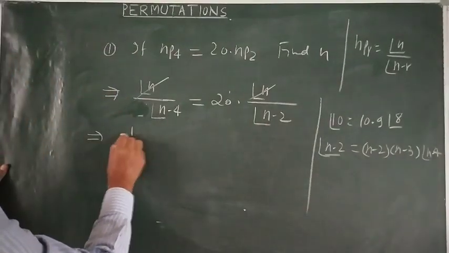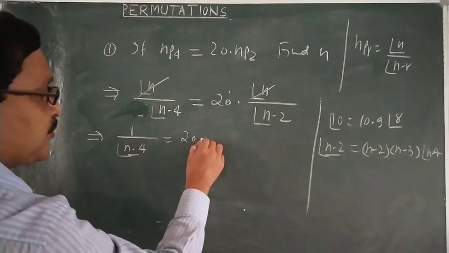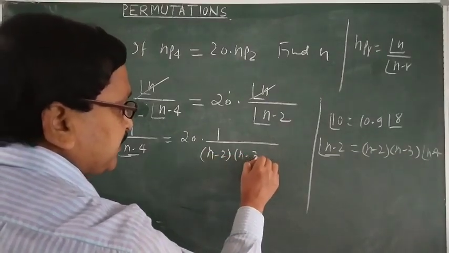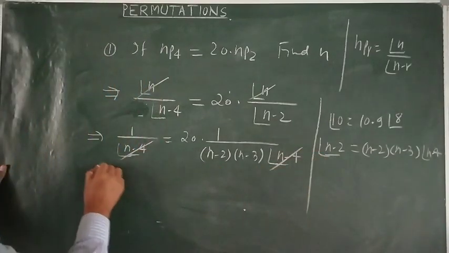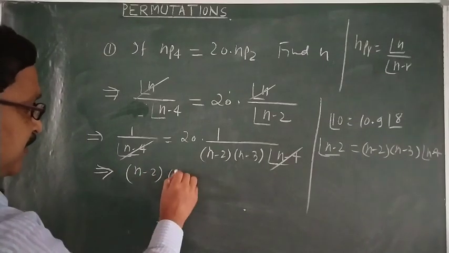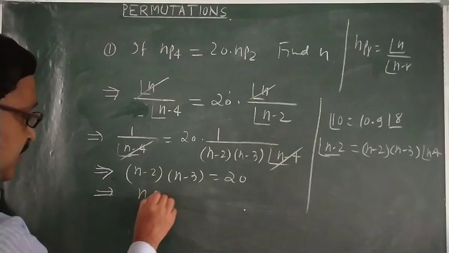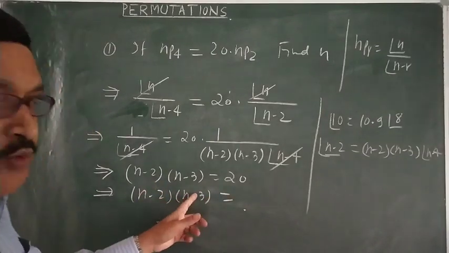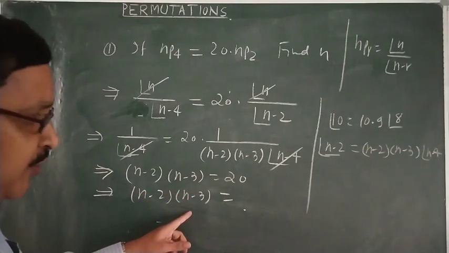So this implies 1 by factorial n minus 4 is equal to 20 into 1 by (n minus 2)(n minus 3) factorial n minus 4. This is cancelled. So by cross multiplication, we get n minus 2 into n minus 3 is equal to 20. These are consecutive terms, one bigger, one smaller.